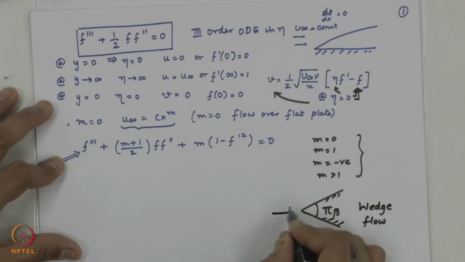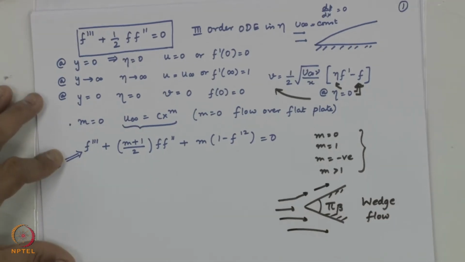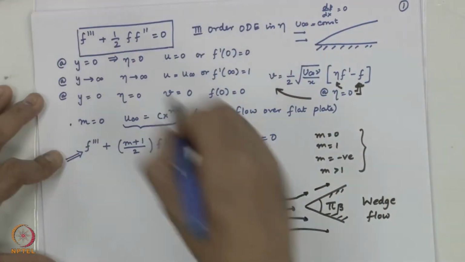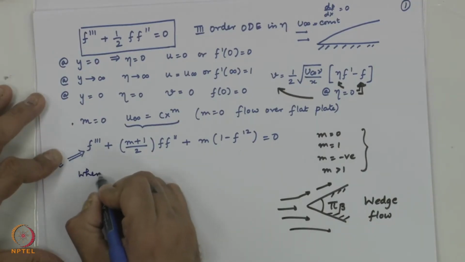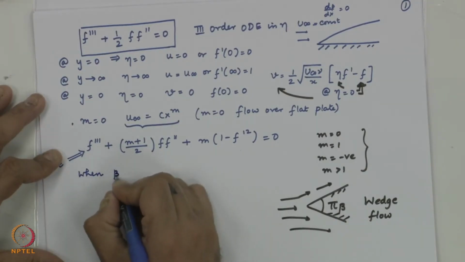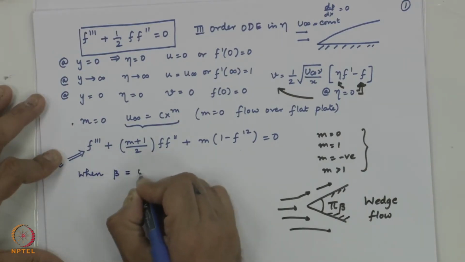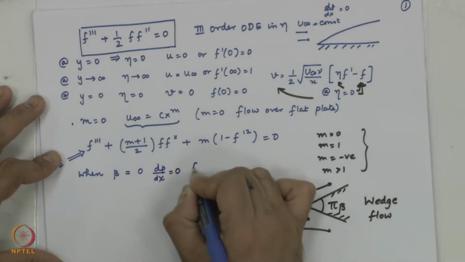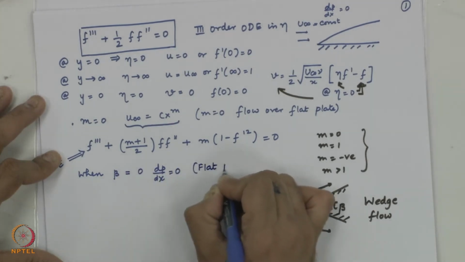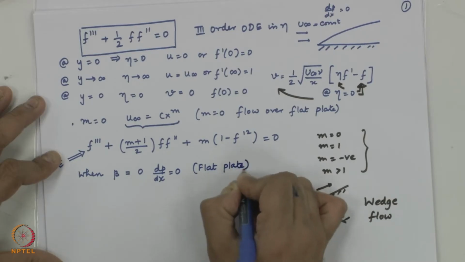Faulkner-Skan solution is something that you would have seen. This is flow around a wedge, correct? With central angle pi beta, when beta is equal to 0, that is dP by dx equal to 0, we get flat plate. What was my beta?